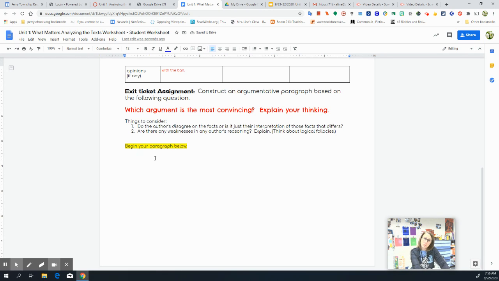And remember, this is a paragraph, so I'm expecting the evidence to be with it, which is where that explain your thinking comes in. How I would start it is like a RACE paragraph, basically. So: the argument that is the most convincing is, and this is where I'm going to fill in that blank.